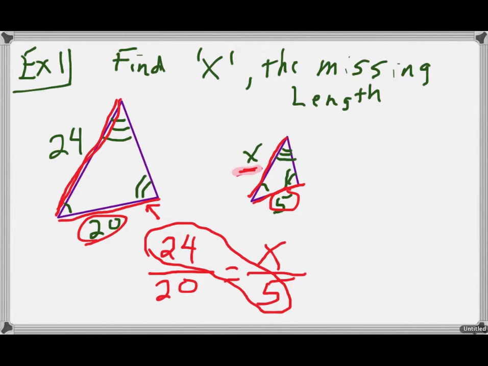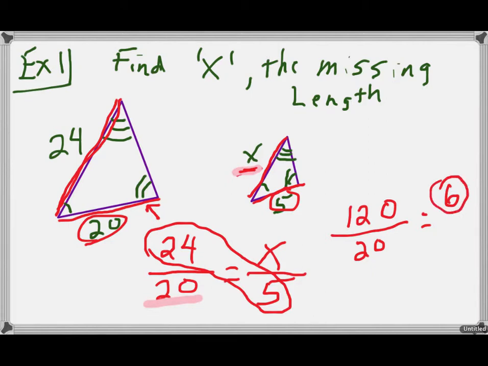Now from here we can cross multiply and divide. 24 times 5, that's going to be 120. I'm going to divide that by my leftover number, which is 20. And then just simply divide, and we get 6.